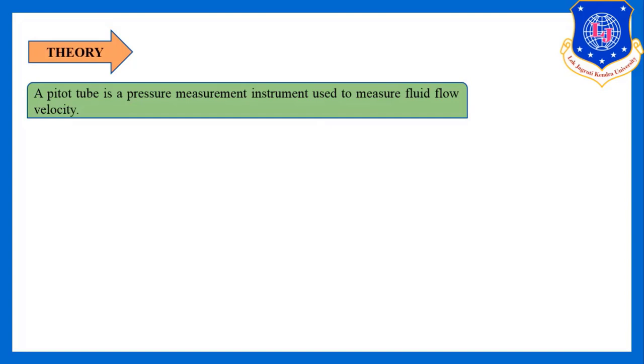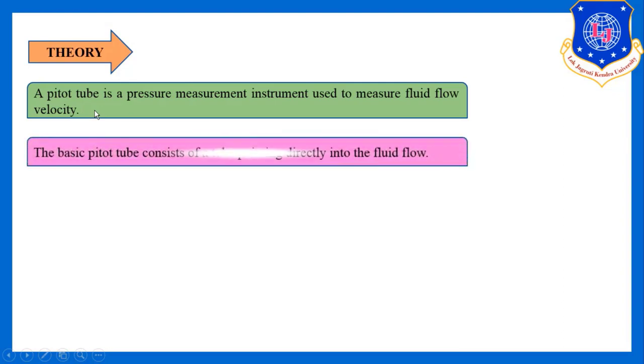Basically, a Pitot tube is a pressure measurement instrument used to measure the fluid flow velocity. That means based on the change in pressure, we can measure the velocity, and from velocity we can measure the flow rate of a fluid. The basic Pitot tube consists of a tube pointing directly into the fluid flow.